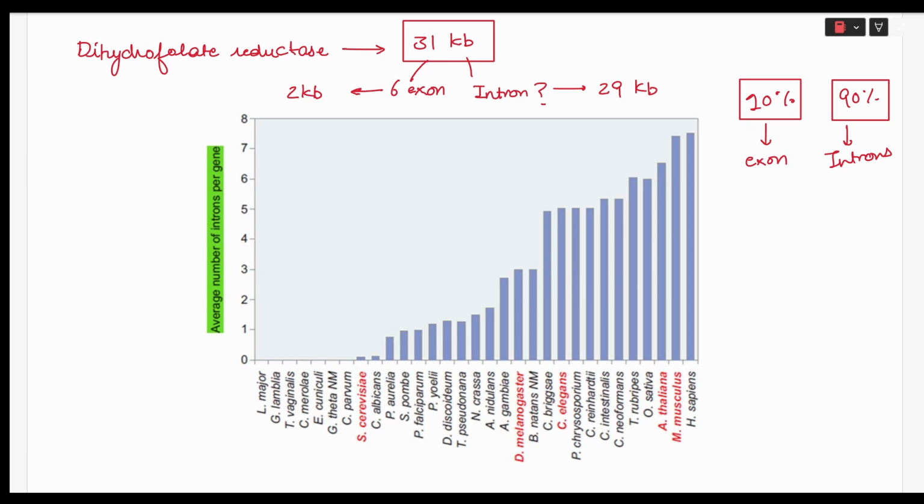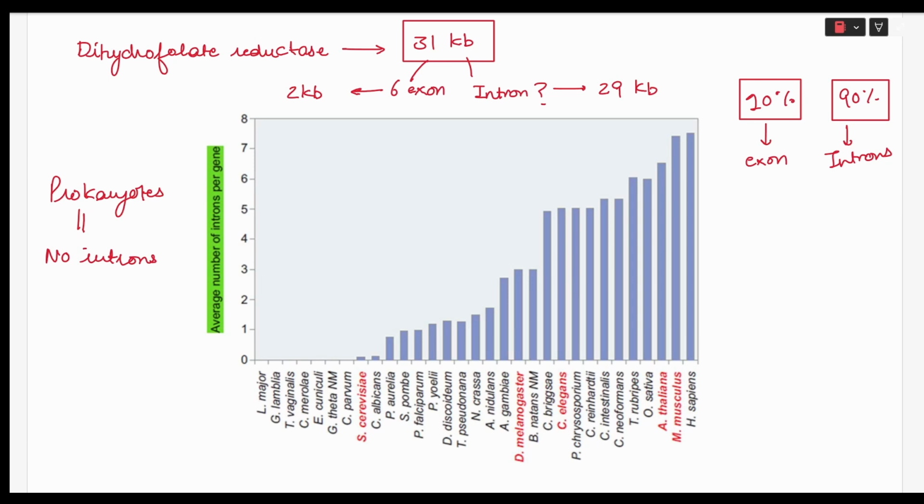Then what is the role of this 29,000 base pair of introns, right? So for example, let's take the example of the prokaryotes. The prokaryotes, they don't have introns. Their genes are uninterrupted. So in the case of prokaryotes, we can simply say that there are no introns, right? Because their genes are uninterrupted.